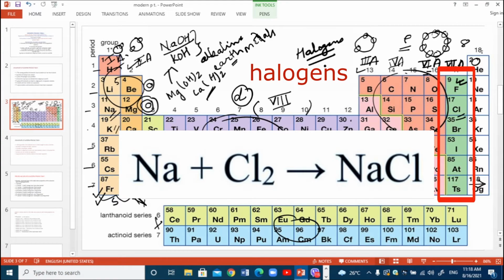Halogens combine with group 1A elements, or alkali metals, to form salt. NaCl is salt. That is why they are called halogens.